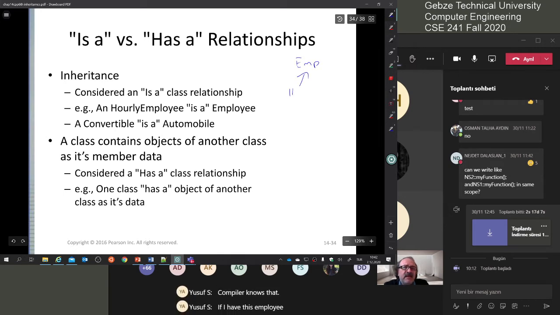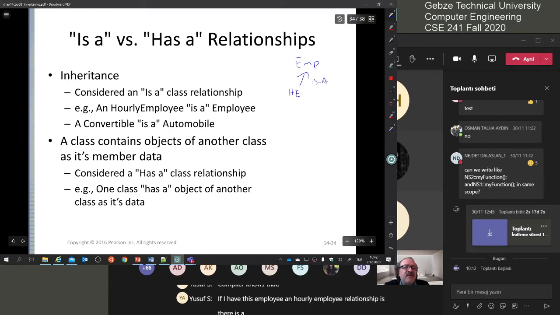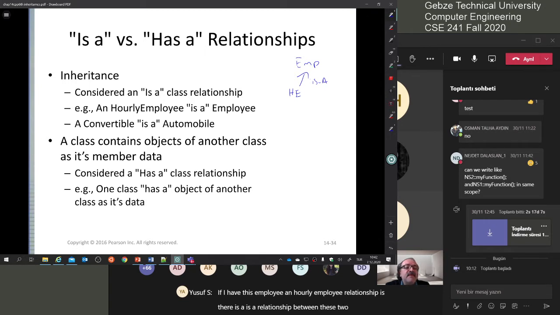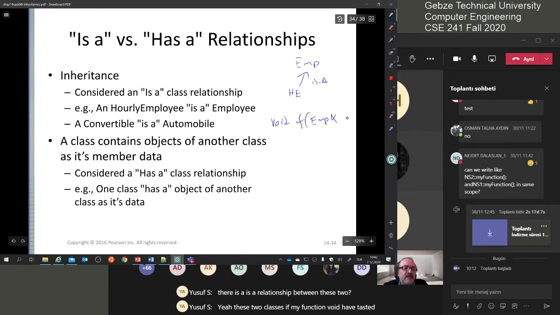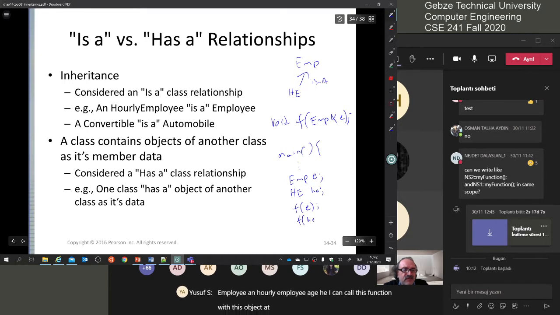If there is a relationship between the employee and hourly employee classes, and my function void f takes an employee object, then in my main function, let's say I have employee E and hourly employee HE, I can call this function with this object and I can call this function with this object, no problem.